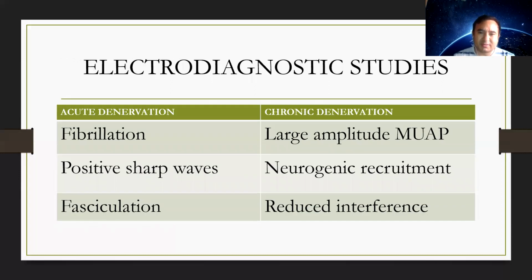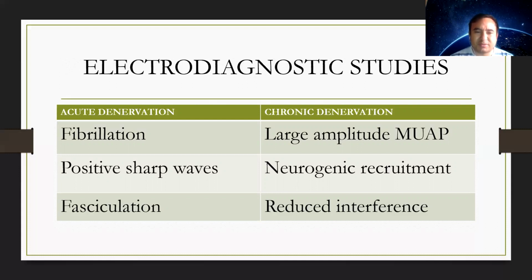Then what are the features of acute denervation and chronic denervation? If the nerves are acutely denervated, if there is a loss of the motor nerve, then we can get the feature of fibrillations. It is because of the hypersensitivity of the muscles, and we can see positive sharp waves and fasciculations.